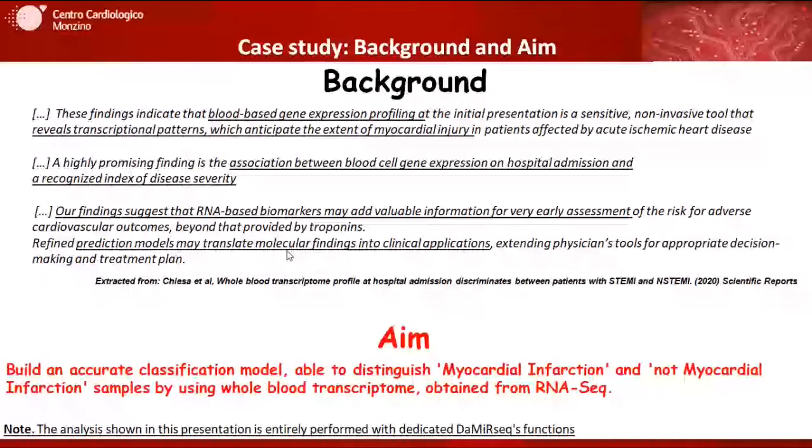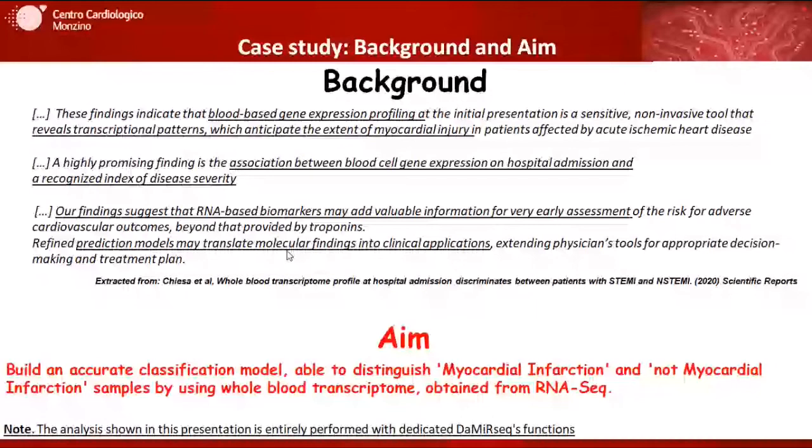And we concluded this paper claiming that prediction models are needed if we want to translate our findings into clinical applications. So the aim of this analysis is to build an accurate classification model able to distinguish MI and not MI samples by using the whole blood transcriptome obtained from RNA-seq experiments.